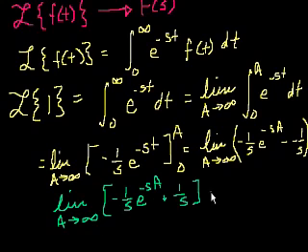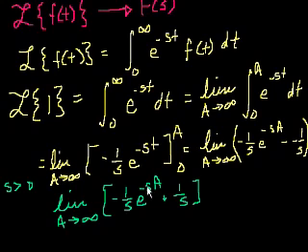So what's the limit as a approaches infinity? Well, what's this term going to do? As a approaches infinity, the exponent is going to get very large, if we assume that s is greater than 0, and we'll make that assumption for now. Actually, let me write that down explicitly. Let's assume that s is greater than 0. Then as a approaches infinity, this term is going to go to 0, right?